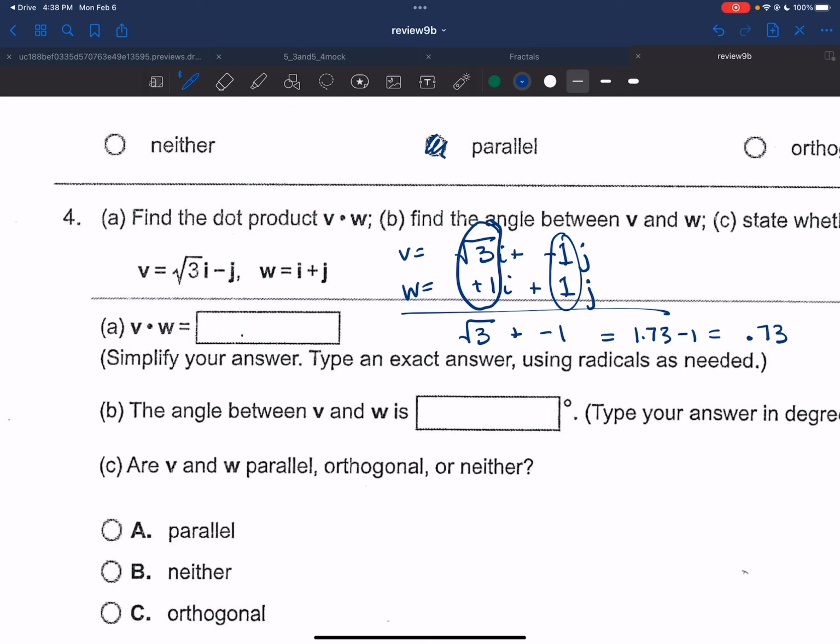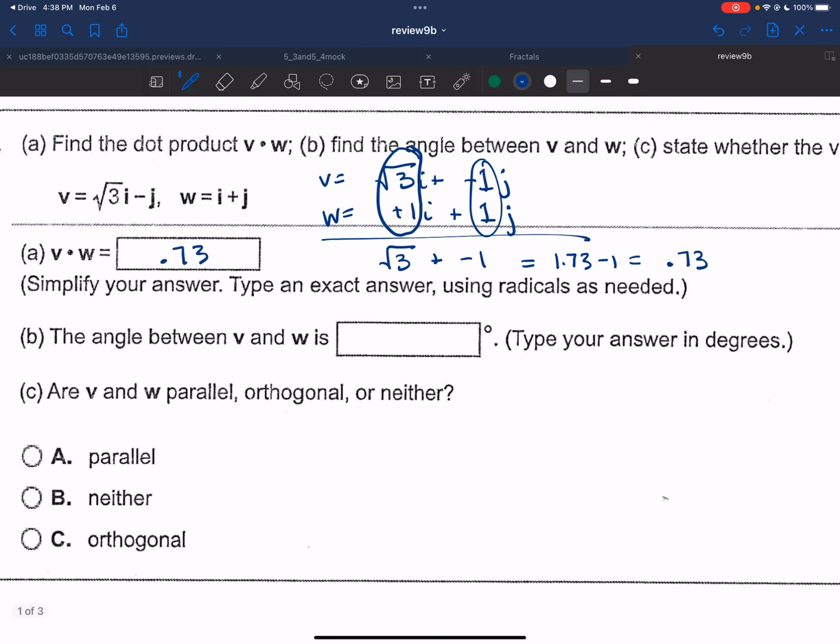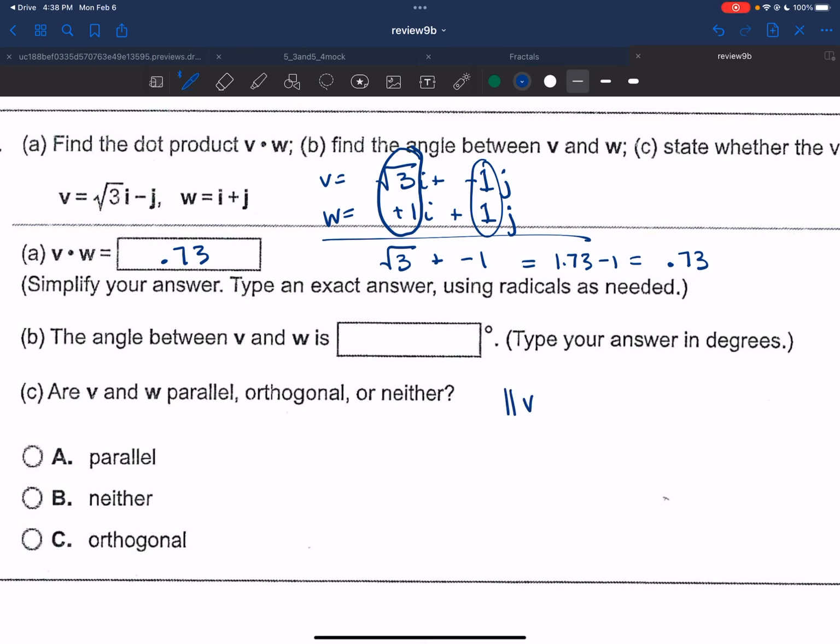Okay. And then the angle between V and W is, we need to find out what V is. So V is the square root of square root of 3 squared plus negative 1 squared. So root 3 squared is going to be 3 plus 1.